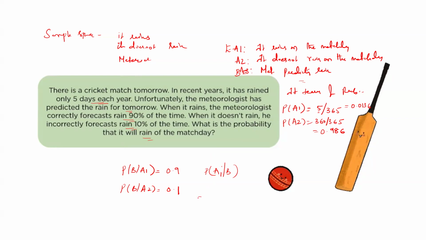So what is the formula according to the Bayes theorem? Now we have two mutually exclusive events. So we can write it as probability of A1 into probability of B given A1. Why?